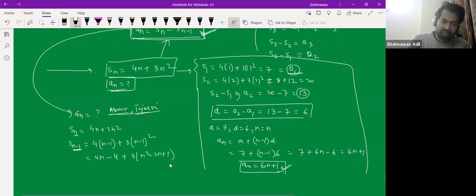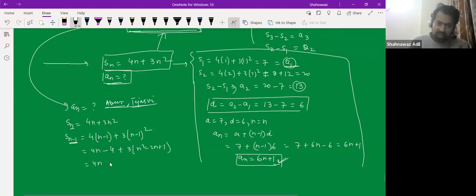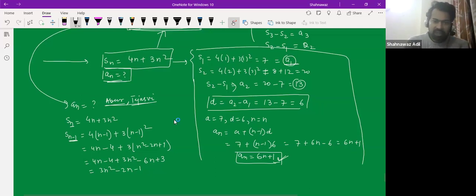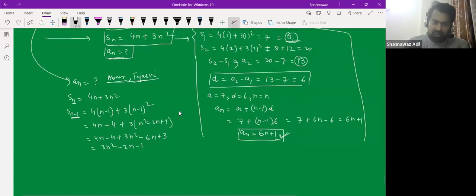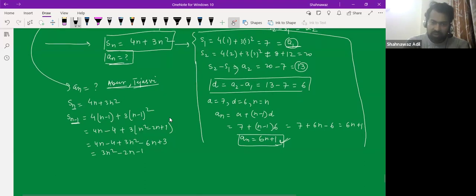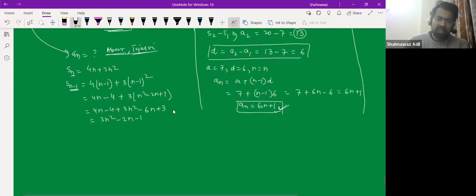This is 4n minus 4 plus 3n squared minus 6n plus 3. So we have 3n squared, and minus 6n plus 4n is minus 2n, and minus 4 plus 3 is minus 1. So this is Sn minus 1.